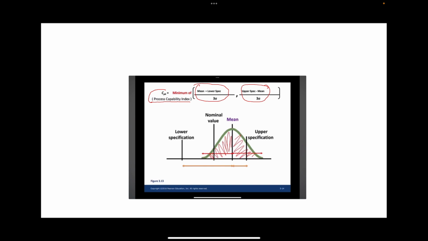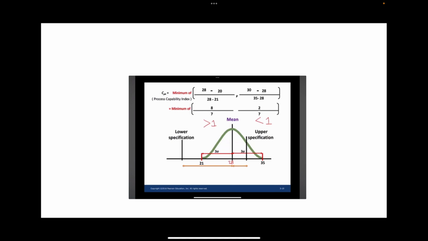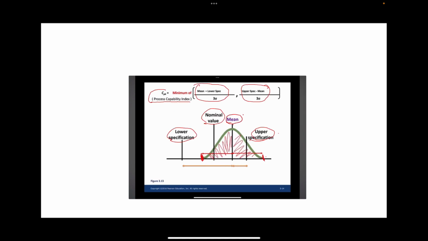So these are our nominal value, this is lower specification, this is upper specification, but the process is manufacturing around this mean, up to these two limits. So now let us substitute the values and find out. Here CPK is the minimum of, you can see that our process mean is 28, minus 20.